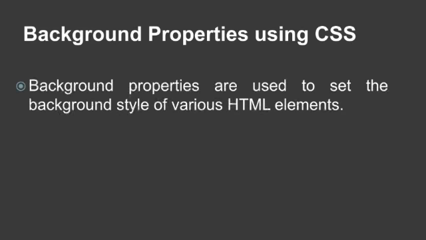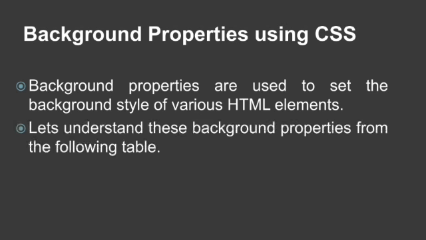Now let's learn about the background properties using the CSS styles. These background properties are used to set the background styles of the various HTML elements. Now let's understand how these background properties are applied.